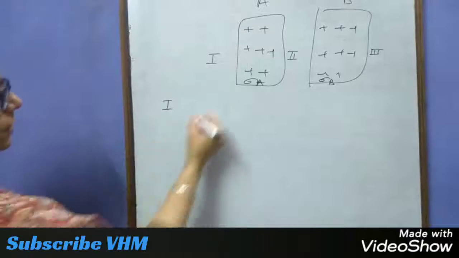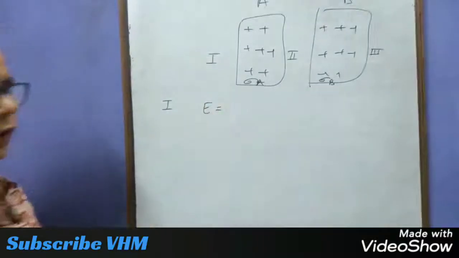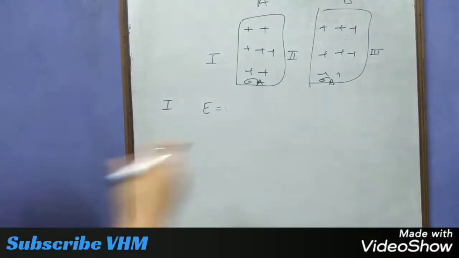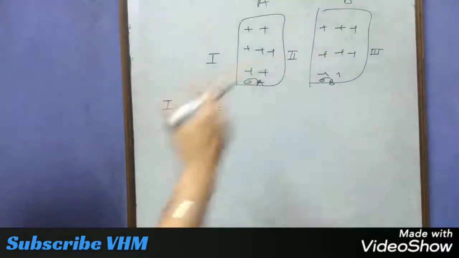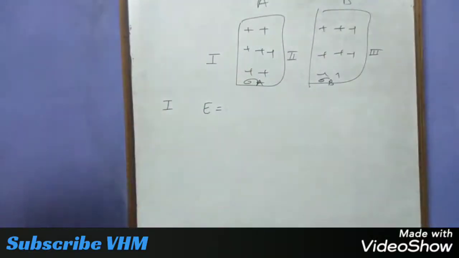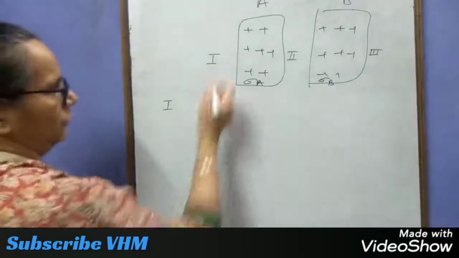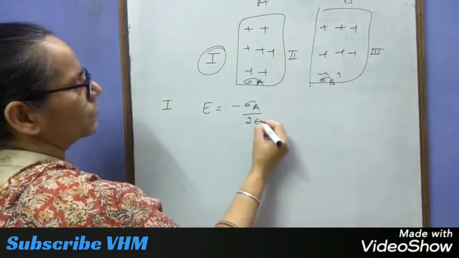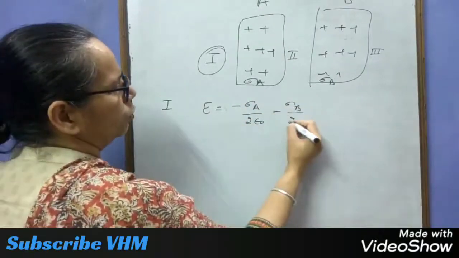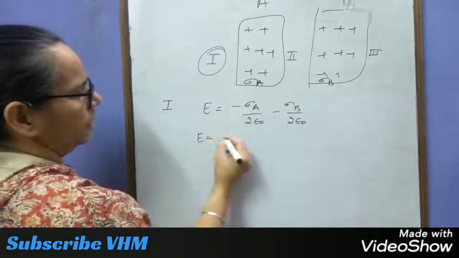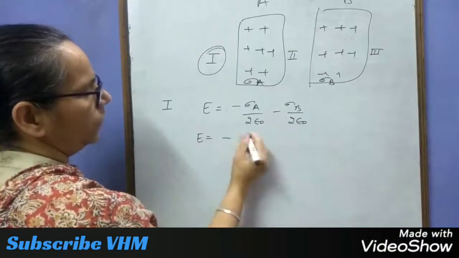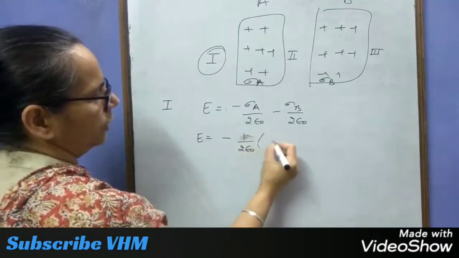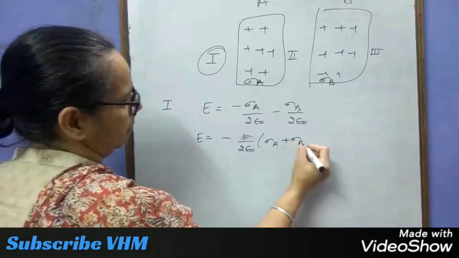And in one region, what is the electric field? If we consider the sign conventions, away from the sheets, the field is positive, and towards the sheet is negative. So in one region, both are negative, 2 epsilon naught, 2 epsilon naught. So it is minus 1 upon 2 epsilon naught, sigma A plus sigma B.